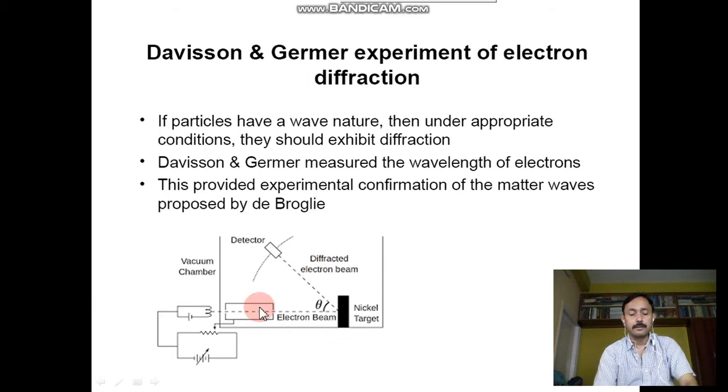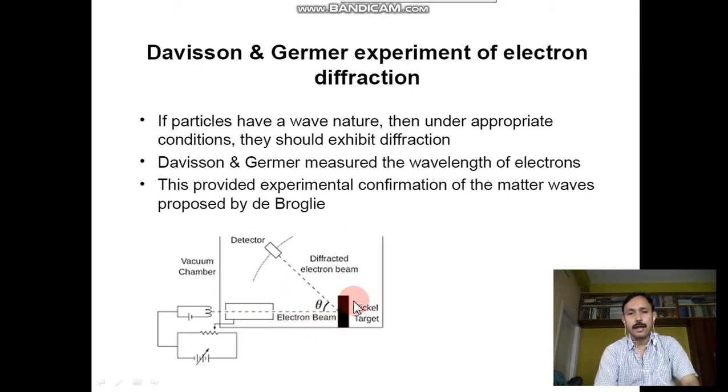So this is the experimental setup. The electrons coming from a heated gun, this is the filament, are accelerated by voltage V and made to fall on the surface of the nickel target. This is the nickel target. This is the electron beam coming.